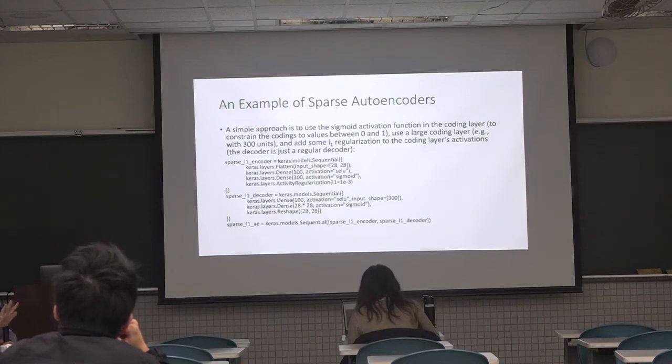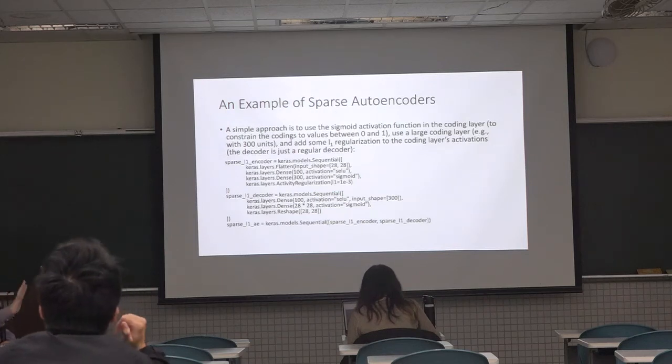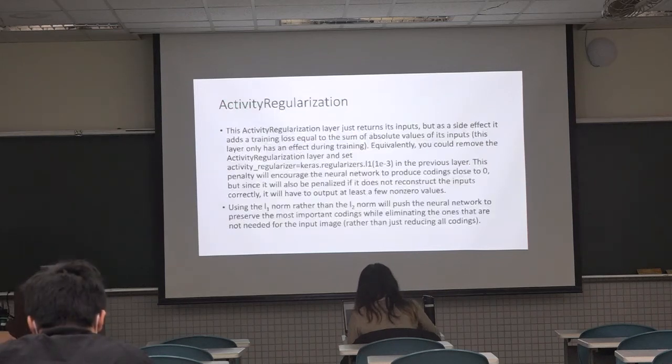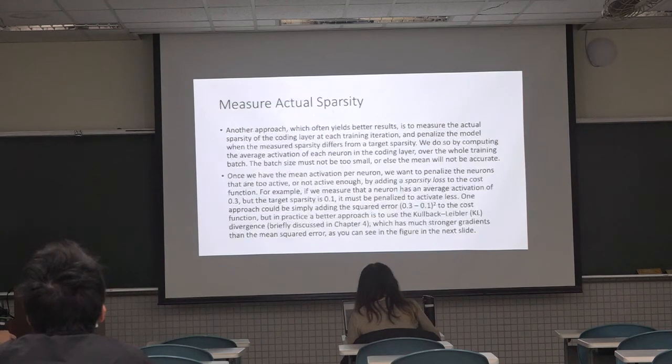But we don't want that to happen. We want that 5% sparsity to happen for every neuron, so every neuron will only be active 5% of the time. This is a little bit different from what the first approach can bring to us. So that's why the second approach is slightly better.